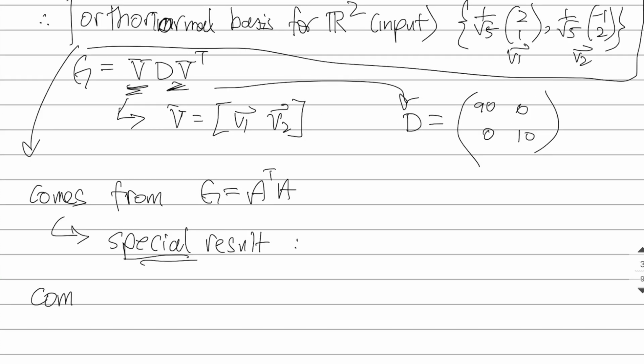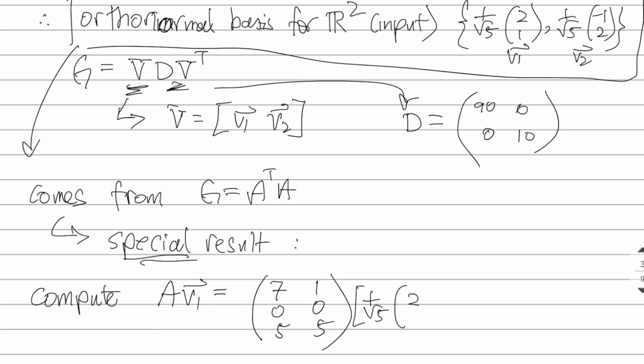On a whim, we're going to compute the following. We're going to take A, our original matrix A, and now we're going to multiply it by this vector here, 2, 1. So when I do that, I will get a 1 over root 5 coming out front, a 15, a 0, and another 15.